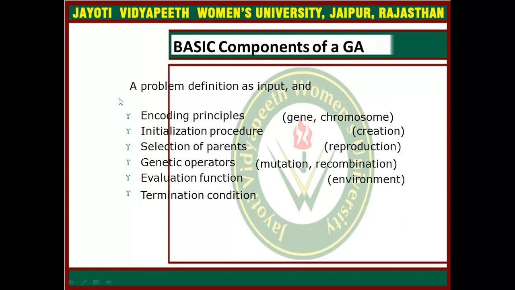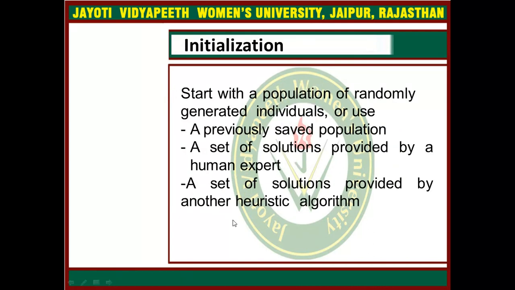In the initialization, we start with a population of randomly generated individuals, or use a previously saved population, a set of solutions provided by a human expert, or a set of solutions provided by other heuristic algorithms.